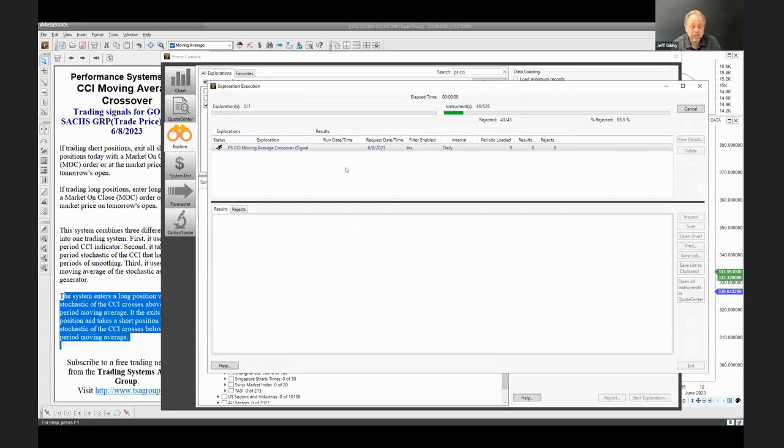What it's going to do is go through there and reject all the stocks that don't have the particular opportunity that I'm looking for. In this case, right now, in real time, it's rejecting 94% of the stocks.